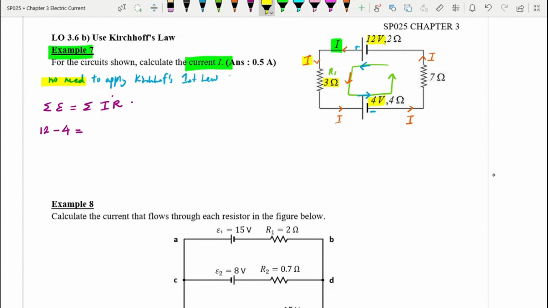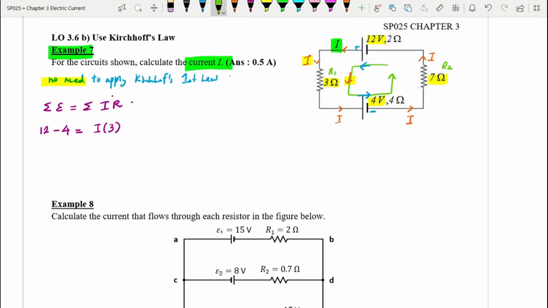So, current dengan direction of loop exactly in the same direction, so dia jadi positif. So, kita boleh terus tulislah I times with 3 ohms. Okay, I darab R. I tak ada value kan? Okay, resistor yang kedua, kita tengok yang kat luar dulu. Resistor 7 ohm kat sini. So, kita ada R2.